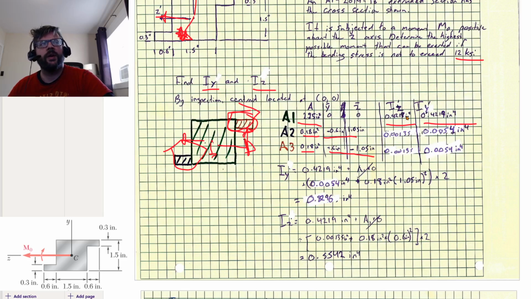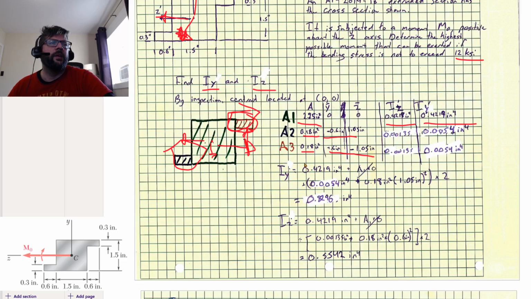We'll be using the IZ and IY primes to invoke the base that we're working from. And then we also need our parallel axis theorem.